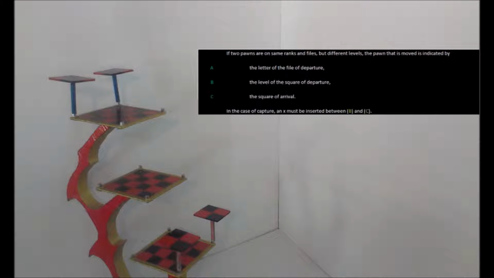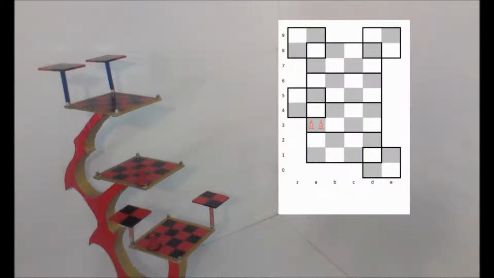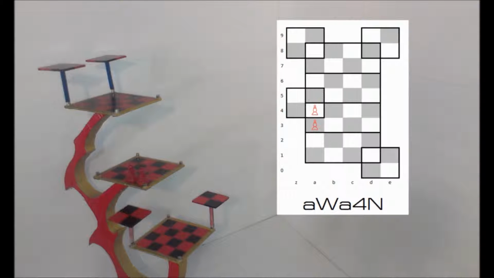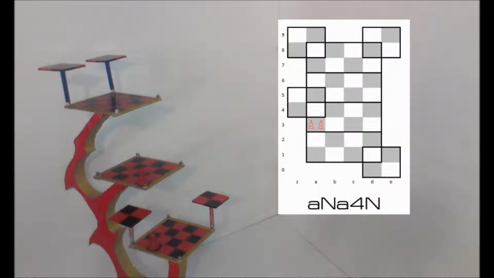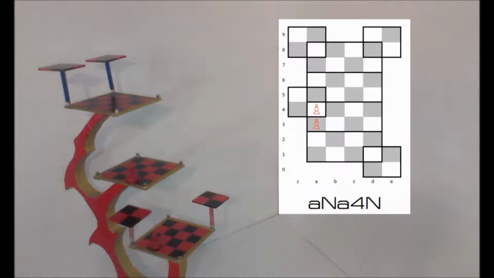In the case of a capture, an X must be inserted between B and C. Example, if there are white pawns on squares A3 white and A3 neutral, the notation for white's move is either A white, A4 neutral, or A neutral, A4 neutral, as the case may be.